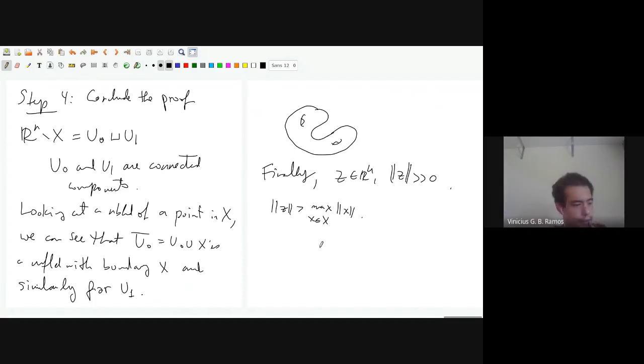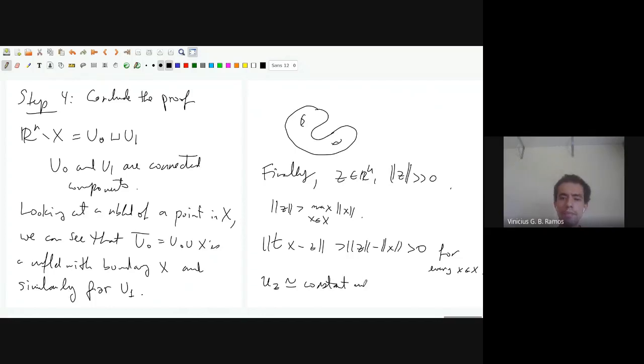And then you can actually homotope. The norm of x minus z is greater than the norm of z minus the norm of x, which is always greater than 0 for every x in X. So this means that the map u_z is homotopic to a constant map, so the degree of this map is 0.